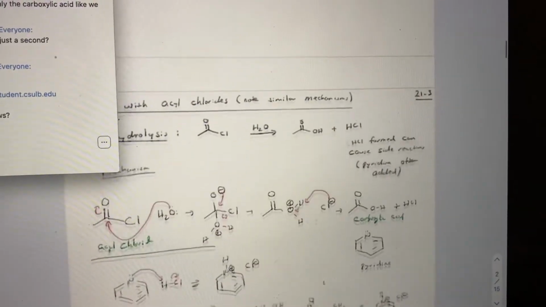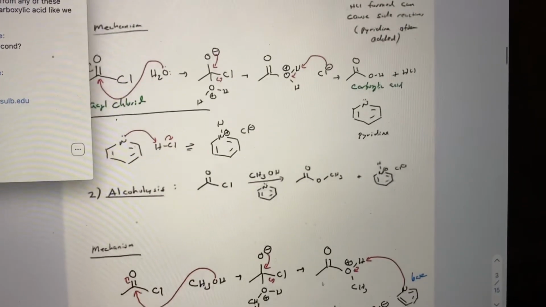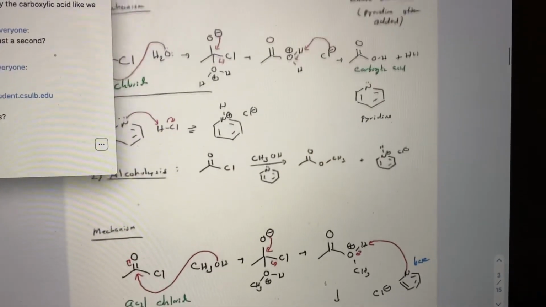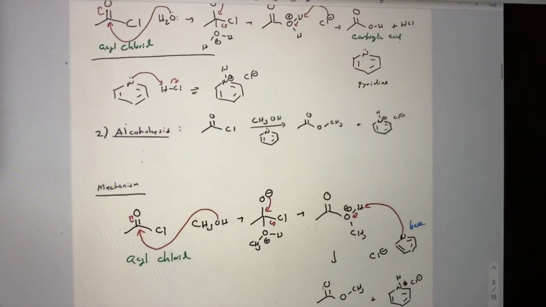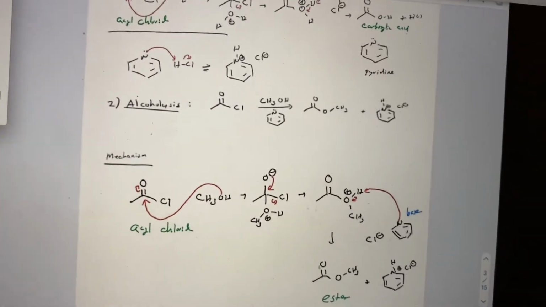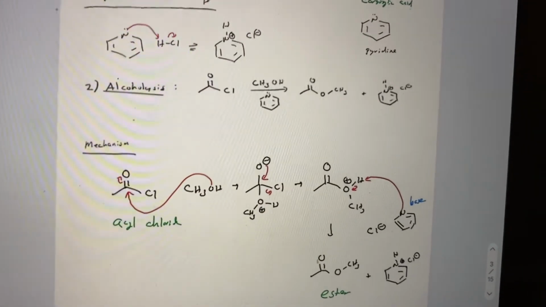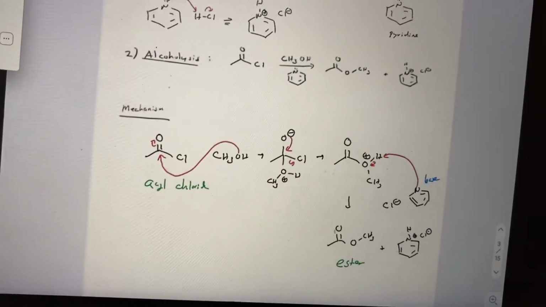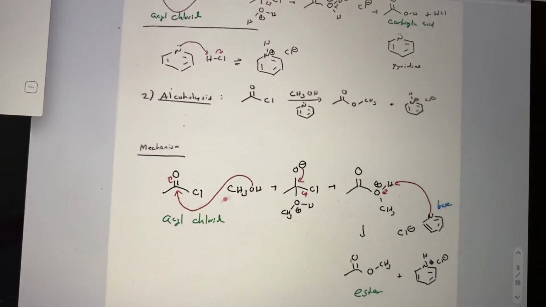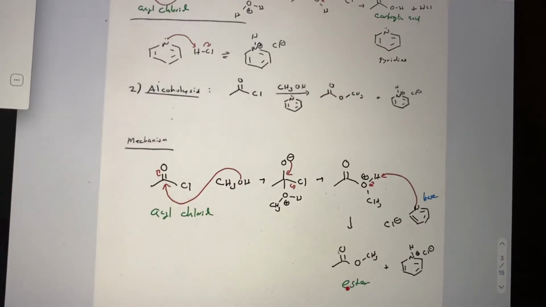So for this one here, I didn't draw equilibrium arrows for the reactions with the acyl chloride. In reality, these reactions are theoretically reversible, but practically they're not. In other words, it's going to go in this direction 99.999% of the time.